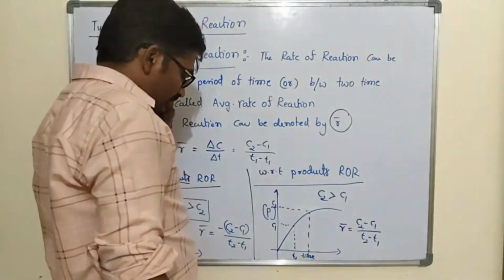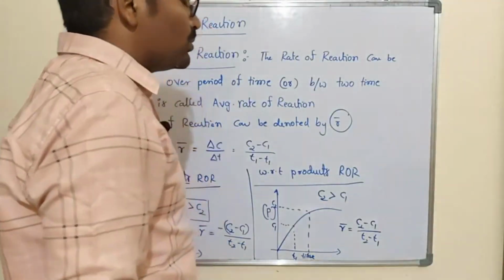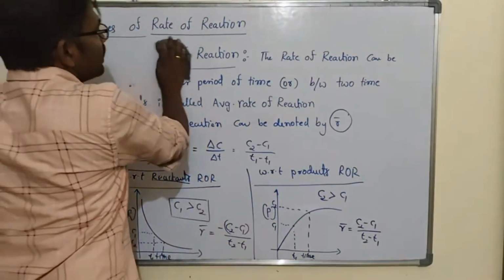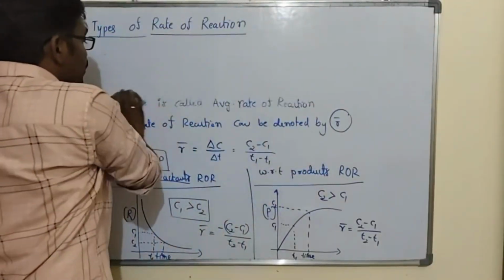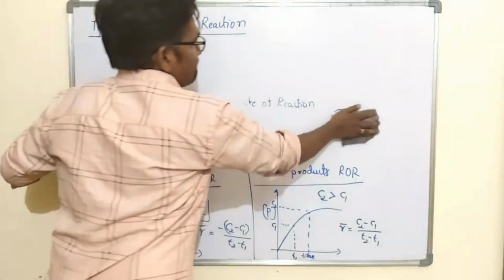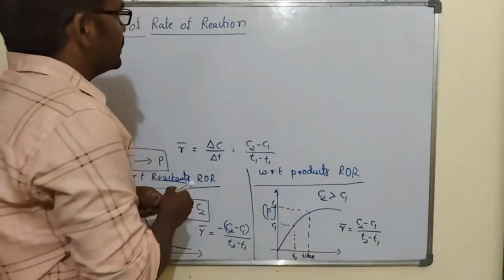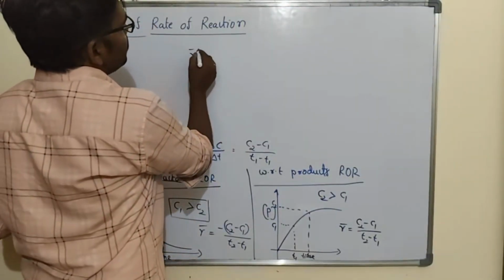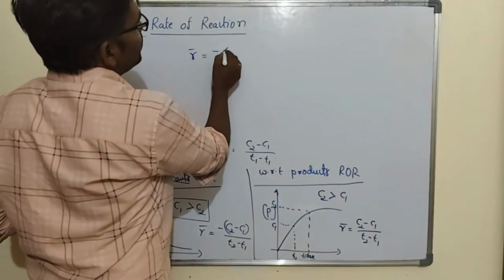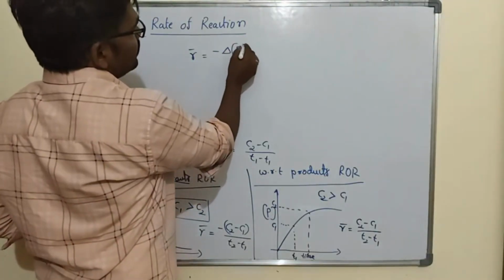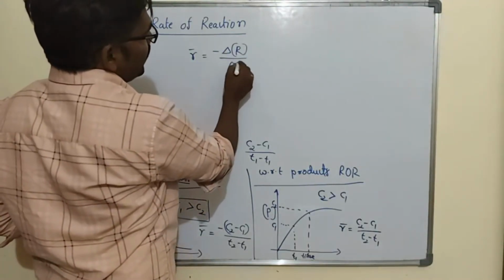See, look at average rate of reaction with respect to the reactants and products. Average rate of reaction equals to minus change in the concentration of reactant divided by change in the time.